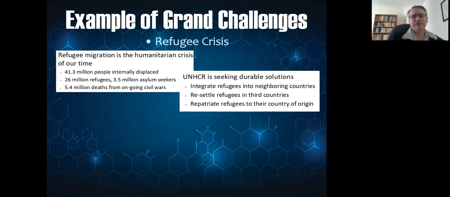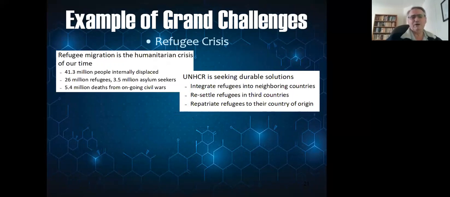The first, to integrate refugees in neighboring countries and resettle refugees into third countries, I believe is reaching a limit today, and countries are no longer as willing to accept refugees as immigrants. So I believe that possibly the only solution in the future will be repatriating refugees to their country of origin.